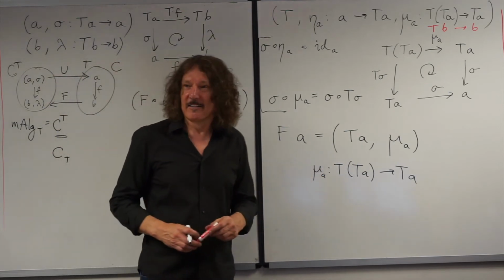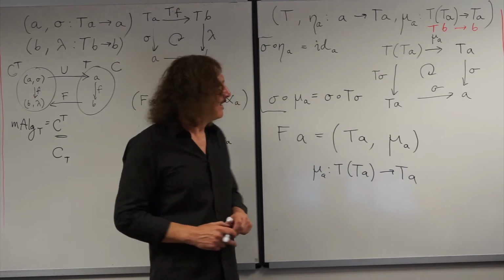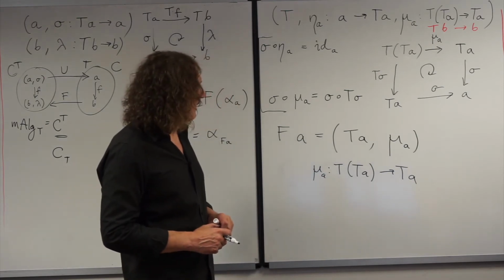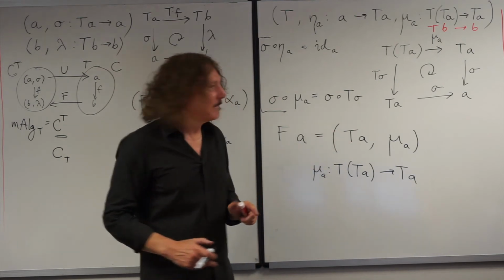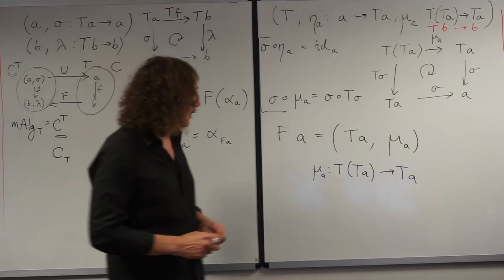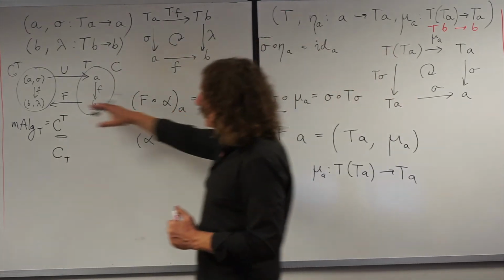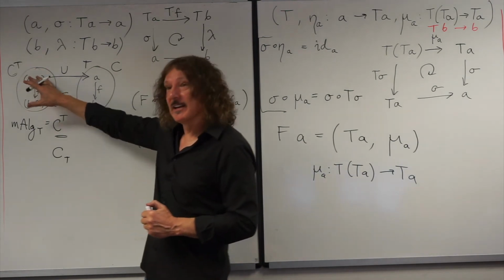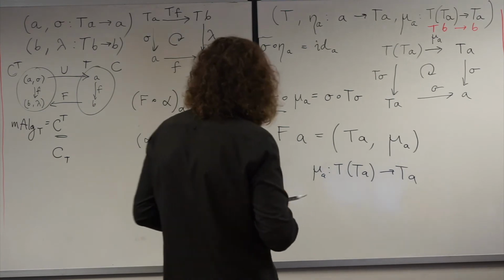Voila. So for every object A, it gives me an algebra. Now, is this algebra compatible with my monad? That's a good question, because if I want this to go into the Eilenberg-Moore category, it has to generate algebras that are compatible with this monad.